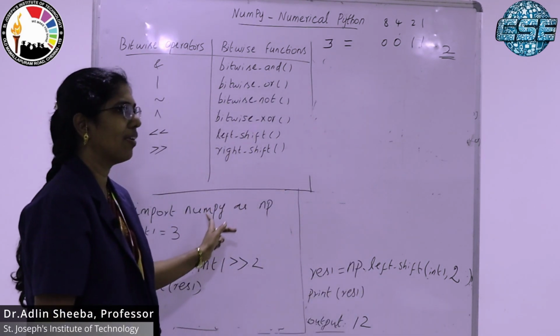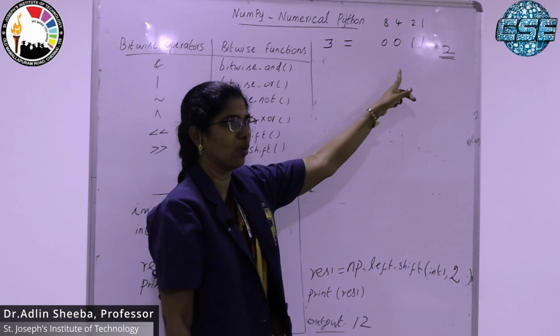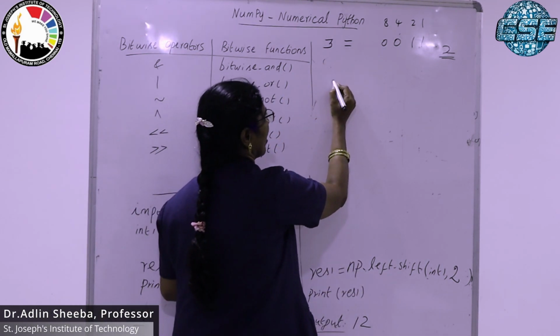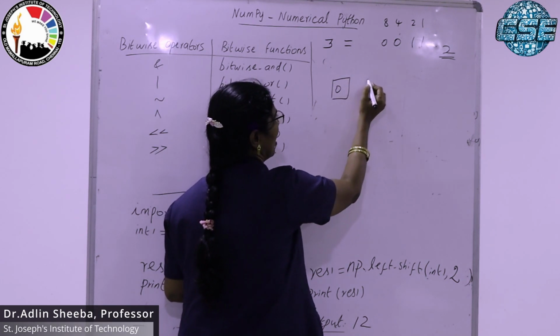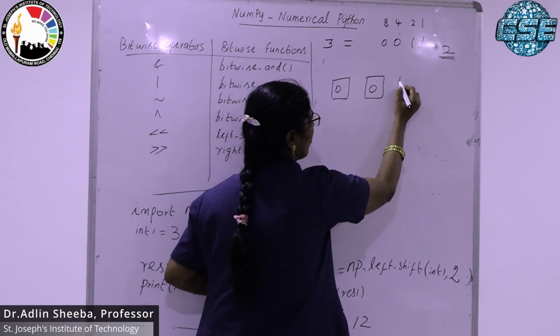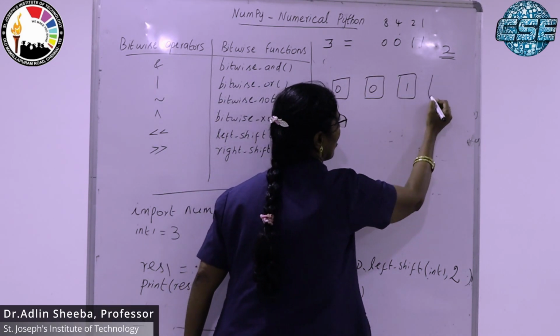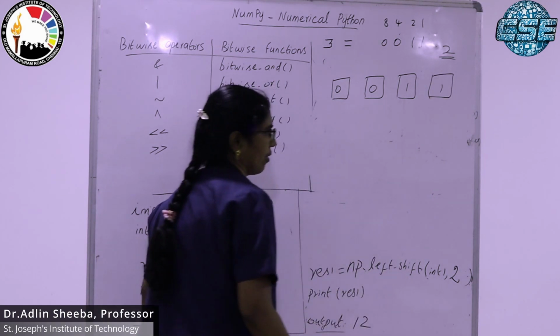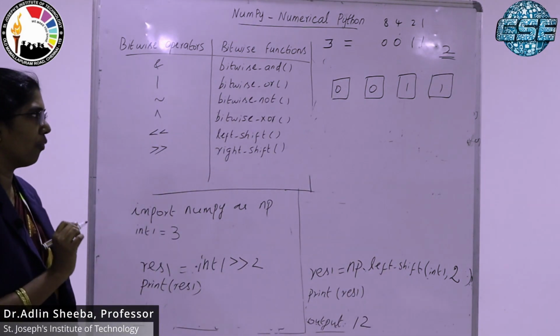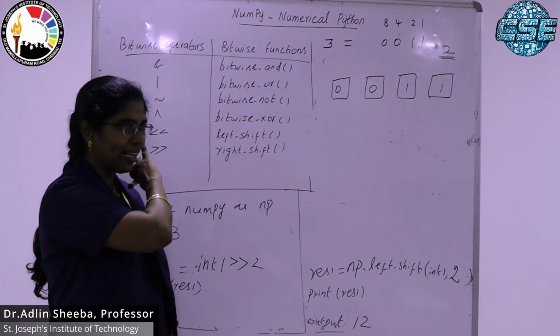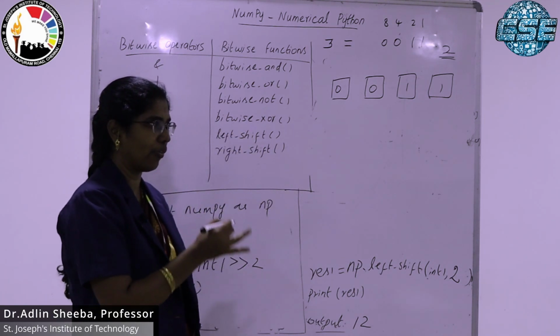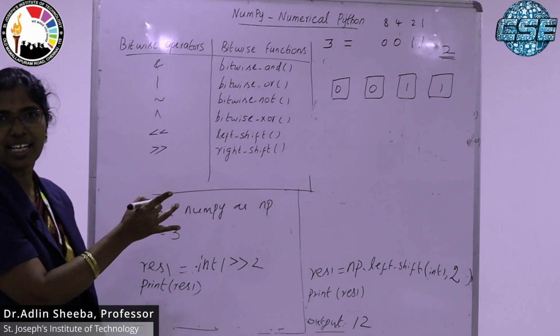The binary value for 3 is 0011. Again the same concept: 0 0 1 1. Now we have to shift it to the right side twice.